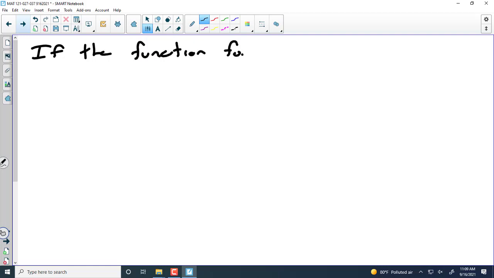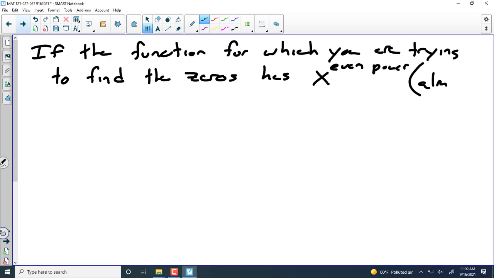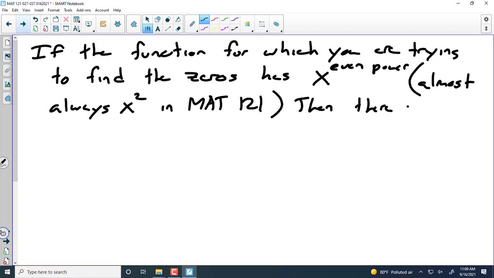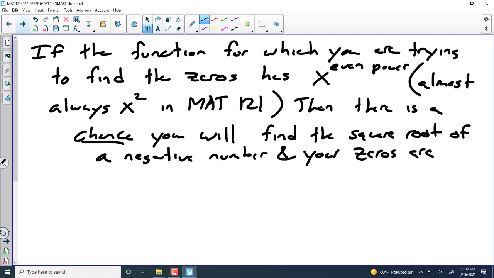If the function for which you are trying to find the zeros has x to an even power, and that's going to be almost always x squared in Math 121, then there is a chance, if the result is not positive, you will find the square root of a negative number and your zeros are imaginary. That's the summary, everyone.